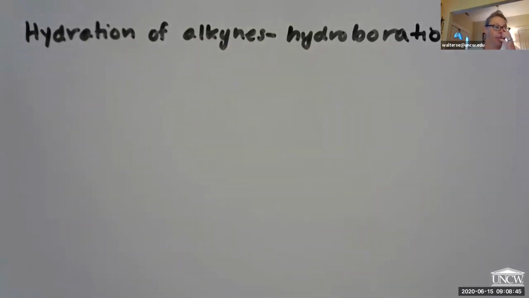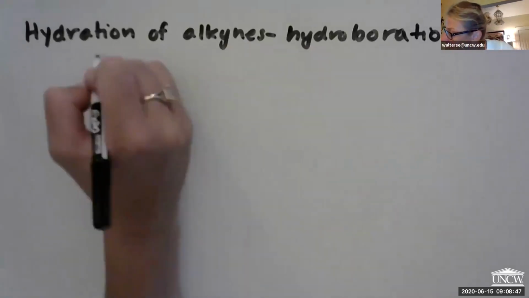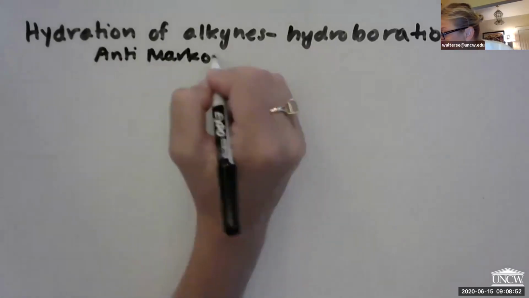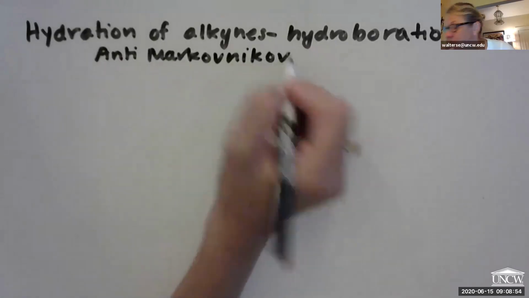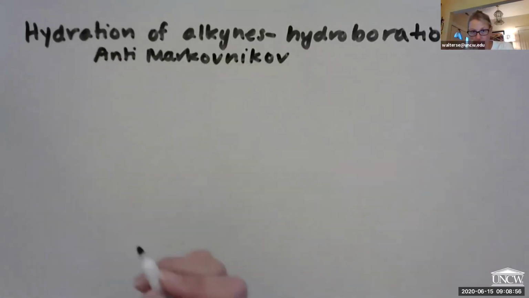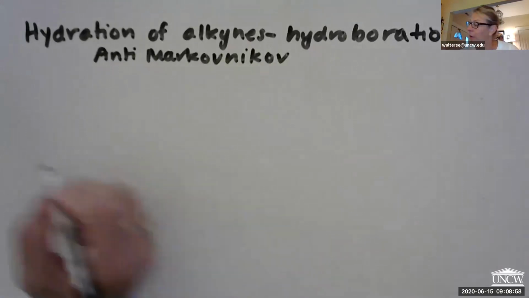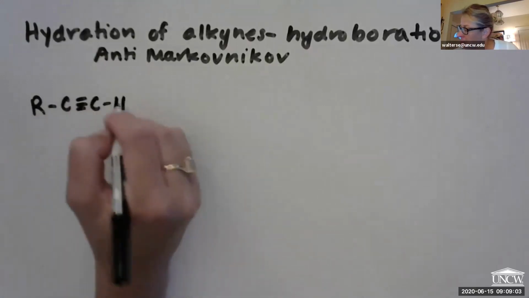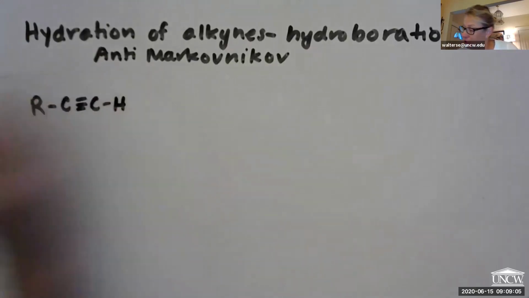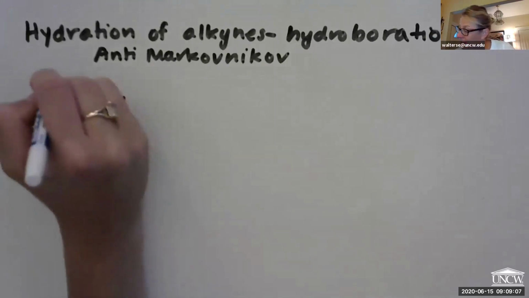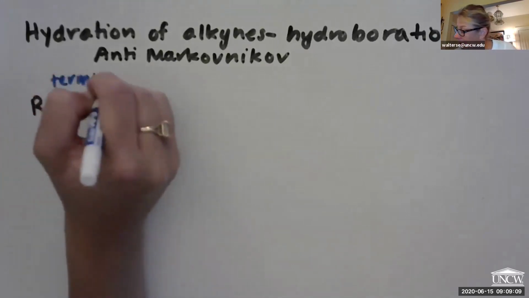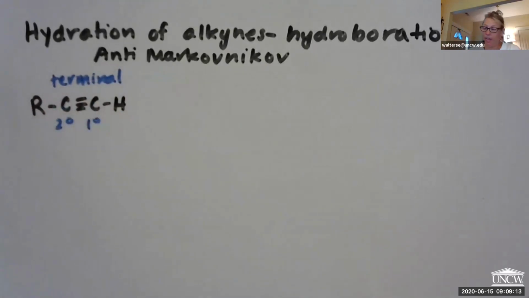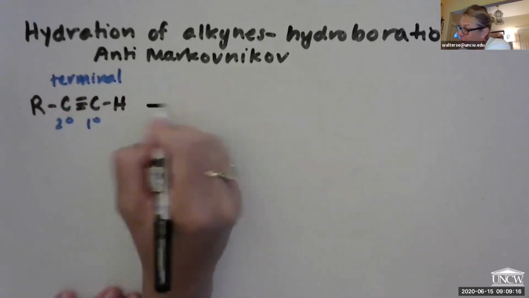Now the hydroboration reaction is anti-Markovnikov. And the nice part about this one is it's the exact same conditions as the alkene. So there's no difference in what you see above and below the arrow. And again, if you're using a terminal alkyne, you do have a difference in the carbons. Okay, now you are going to go through an enol.